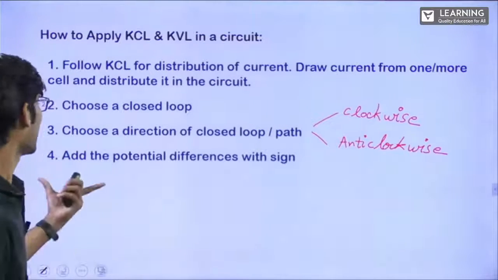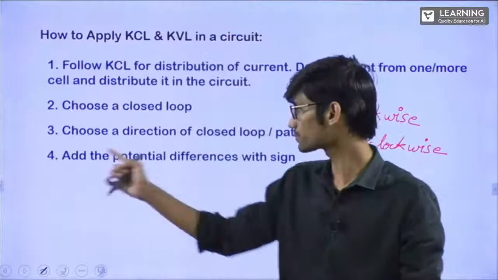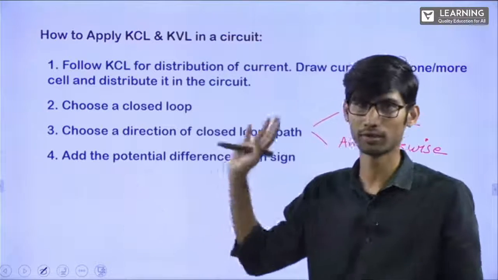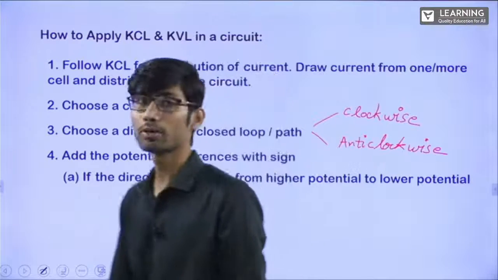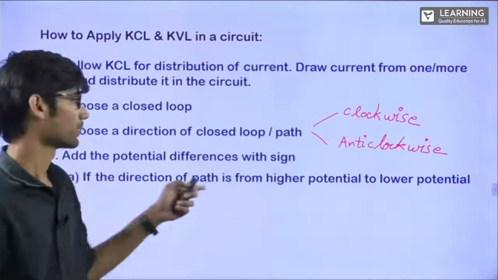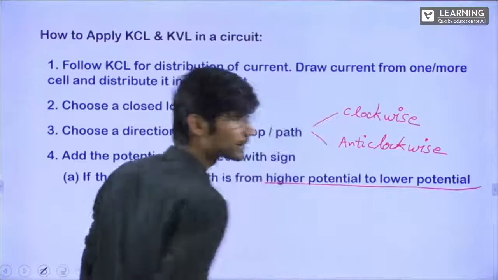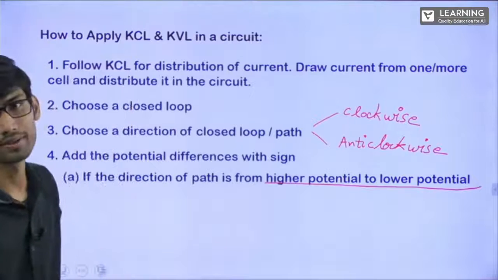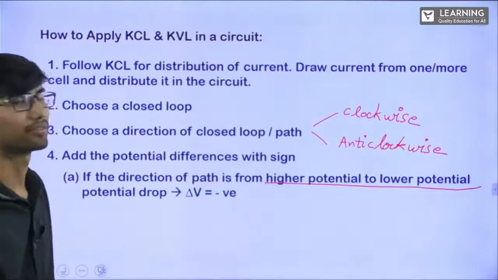Next, add the potential differences with sign. So now, we'll be applying KVL. If the direction of path is from higher potential to lower potential, delta V will be negative.